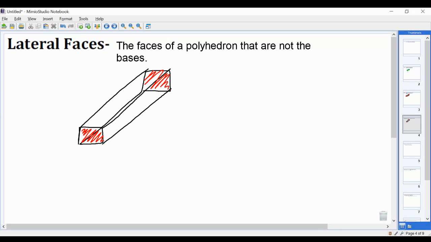And all the other faces, this face down here on the bottom, this face right here on the side, the face on the other side, and even this face right here on the top, those are all lateral faces, just the faces that are not the bases.